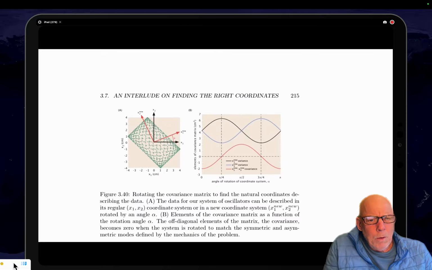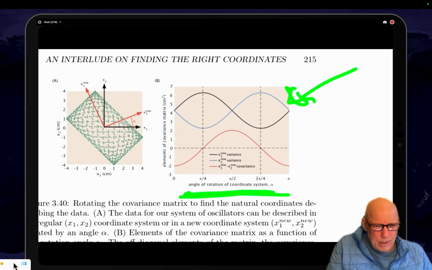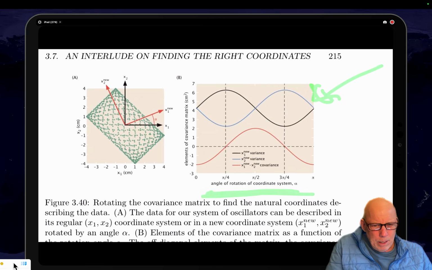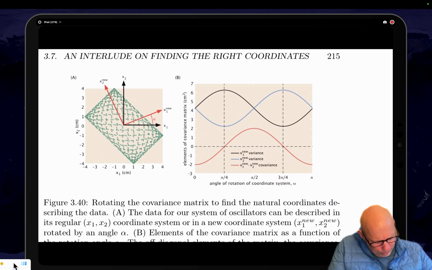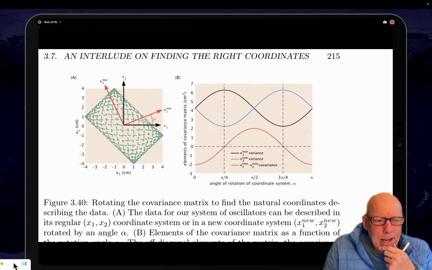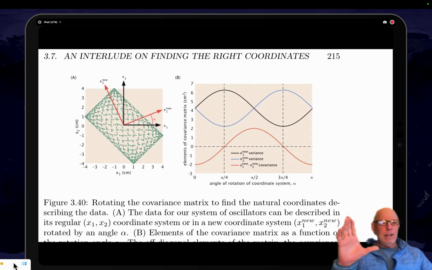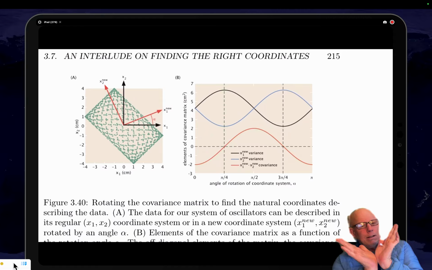And what we're plotting here is the elements of the covariance matrix as a function of that rotation angle. So check it out. And what we see is that at 45 degrees here, the off-diagonal term, which is that one, vanishes. That is to say that by rotating the coordinate system, we've separated the variability in our data into 2 independent pieces.